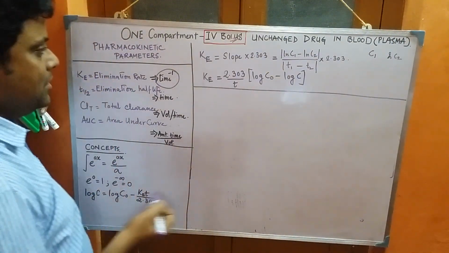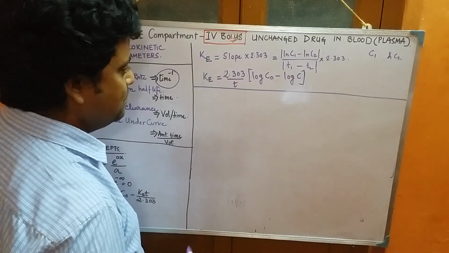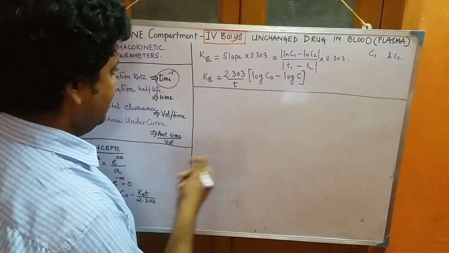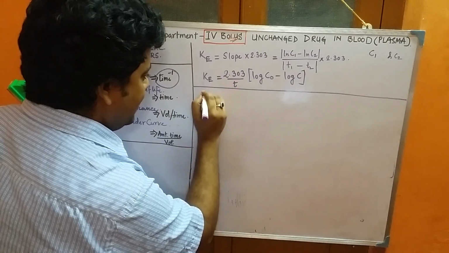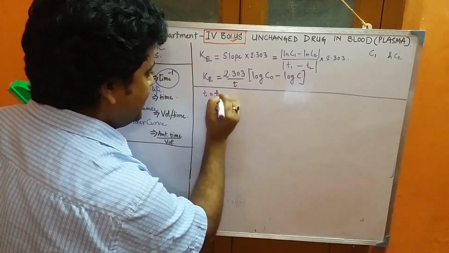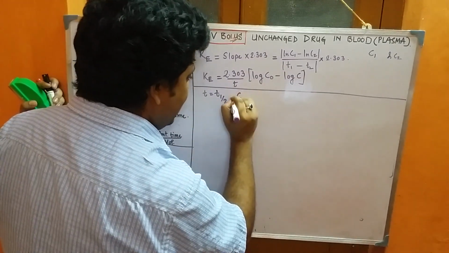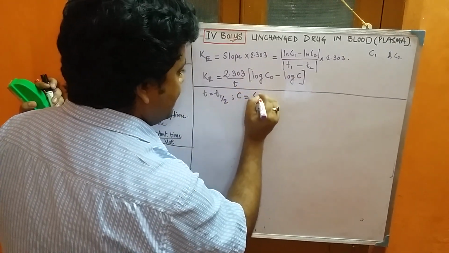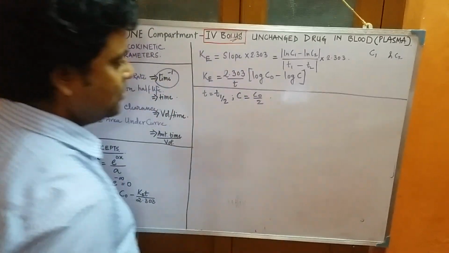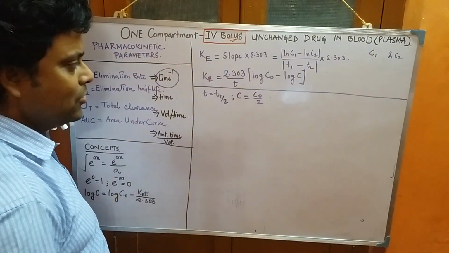When we go for elimination half-life, it's very simple. We can just pull it from here. When T equals T half, that means C is actually C naught by 2.